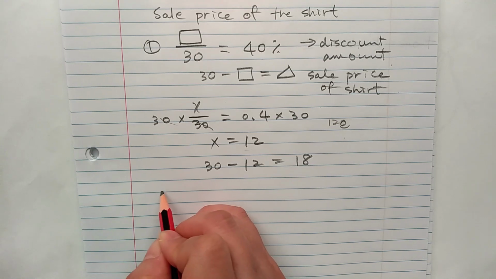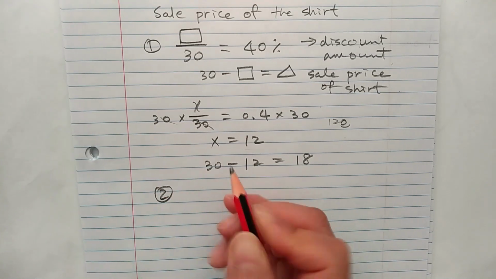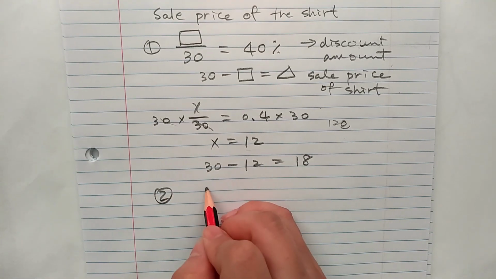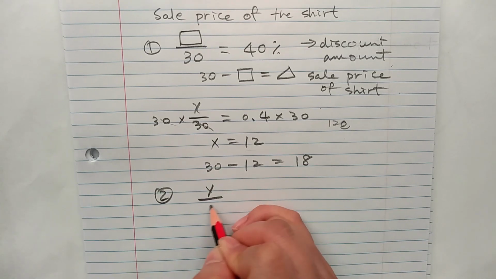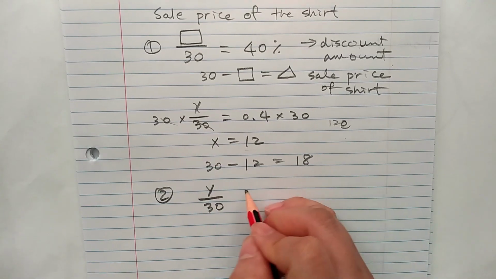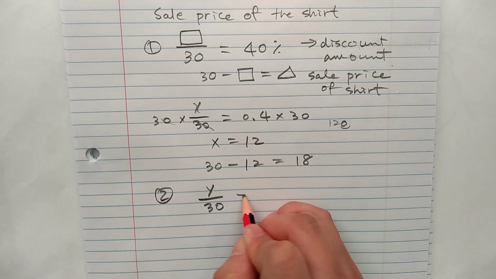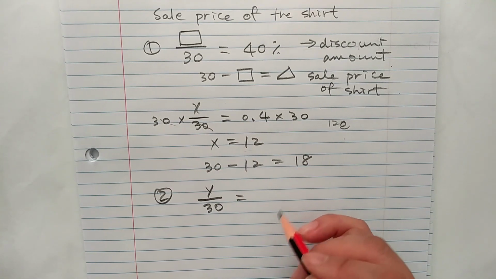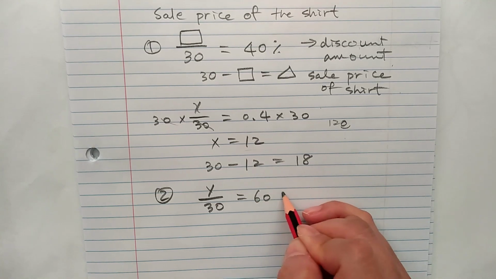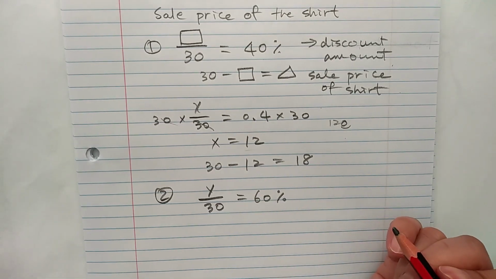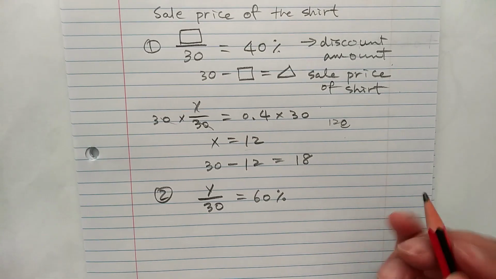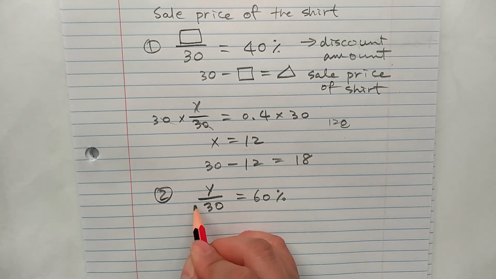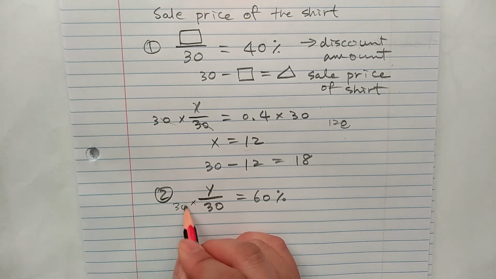Another way of solving this is set what you are paying as a y over 30 is, instead of 40%, you get 40% discount, so you are paying 60% of the original price. So in that case, you do the same, multiply 30 each side.